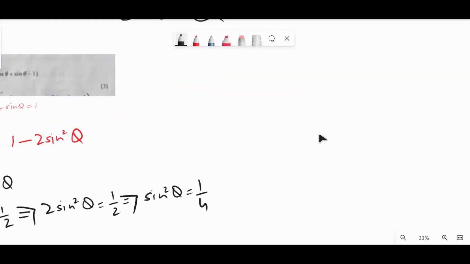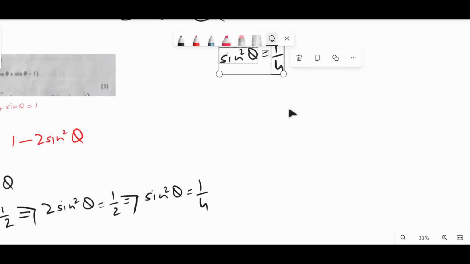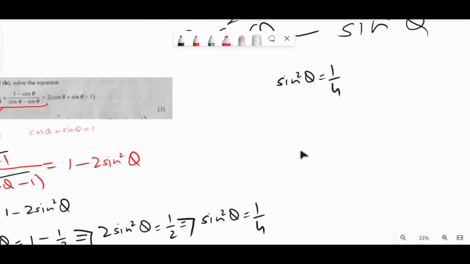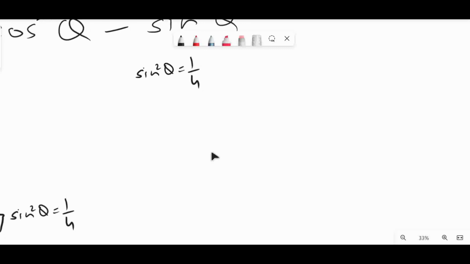Now what we can do from here? Let's move it to this place so that we can see our working. Now we can see that sine square theta is equal to 1 by 4.